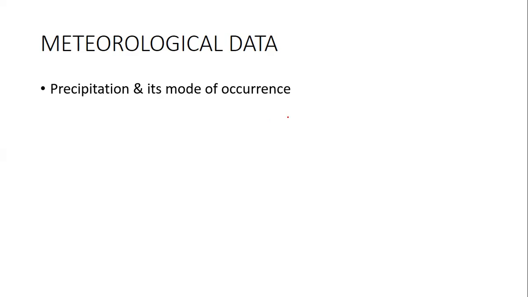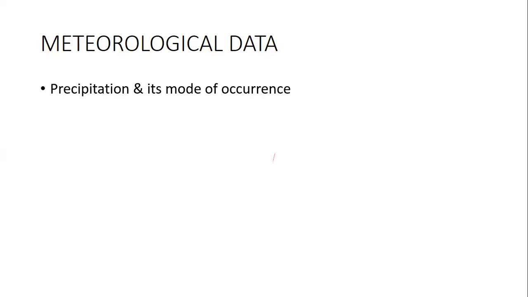precipitation equals evaporation plus runoff. Whatever amount of rainfall is being received, that rainfall either goes away as runoff or evaporates into the atmosphere.